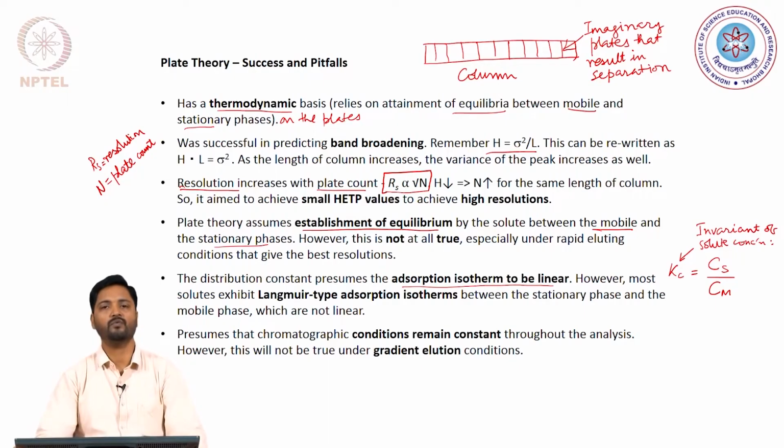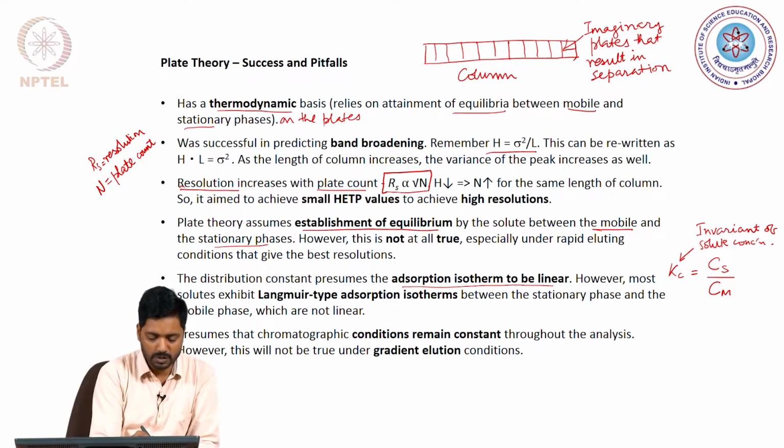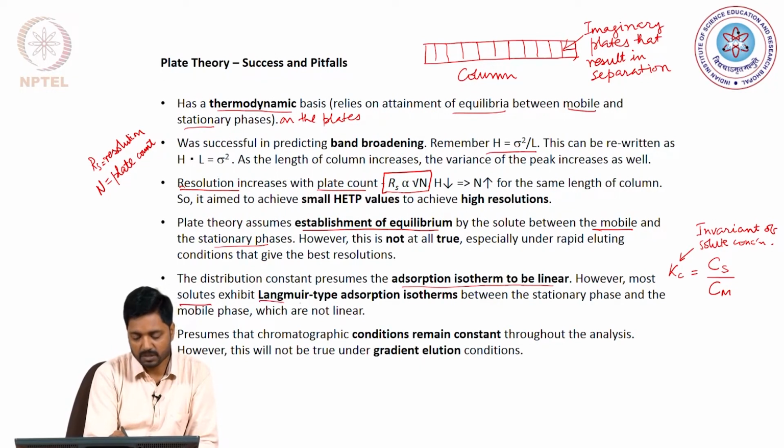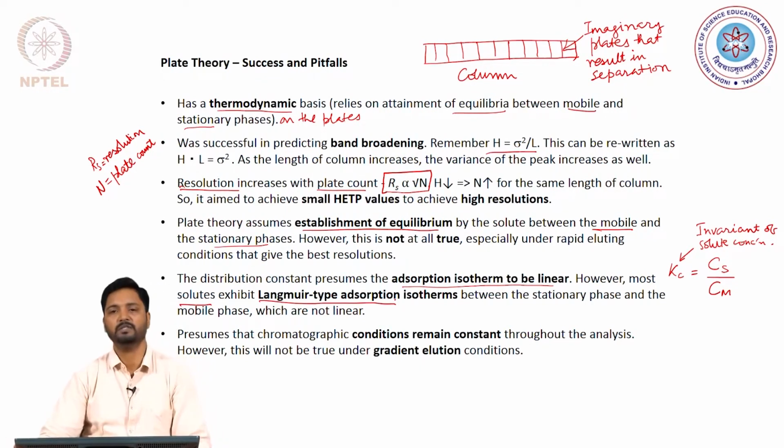Now, this of course also does not hold true, because the distribution constant and the adsorption isotherms do change with the concentration, and indeed what was found was that most of the solutes exhibit what is known as a Langmuir type adsorption isotherm between the stationary phase and the mobile phase.